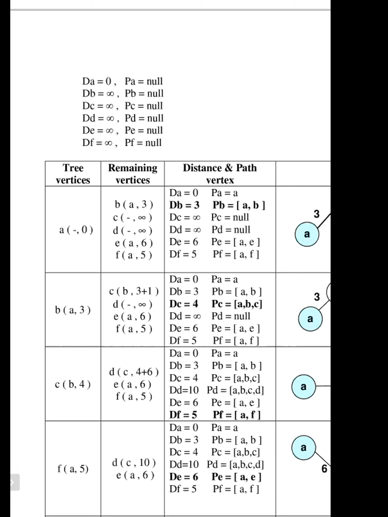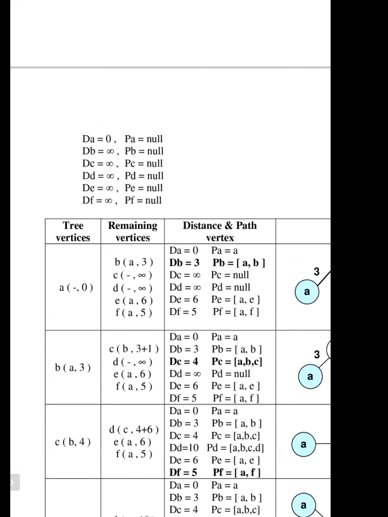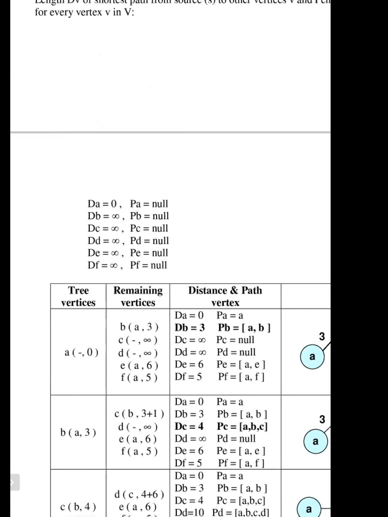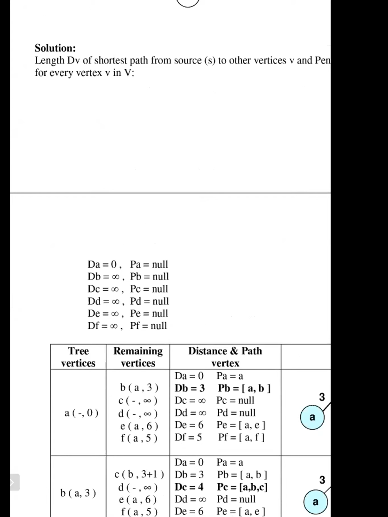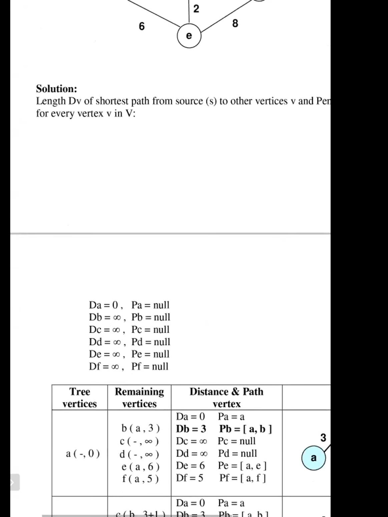The remaining vertices are B, C, D, E, F, and infinity is where there is no adjacency. C and D are not adjacent to A, so it is infinity, and B, E, and F are adjacent to A, so their values are given there.